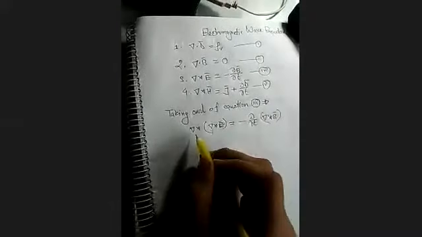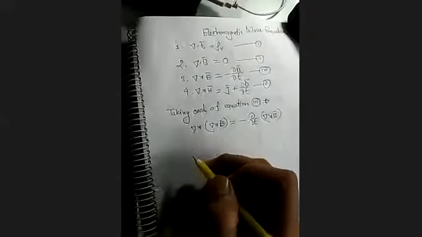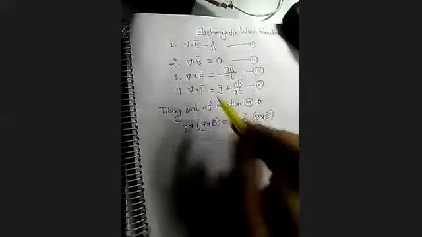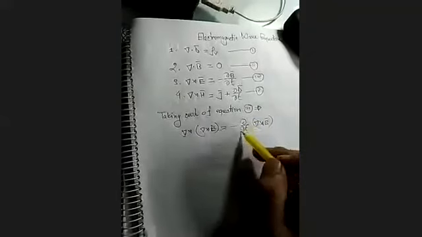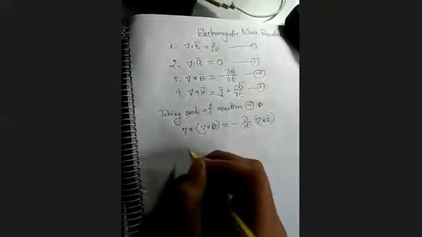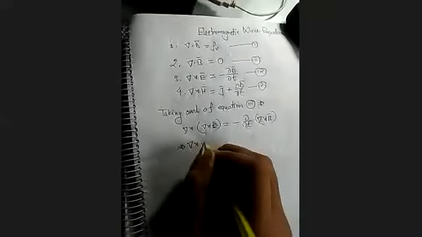That means I have taken curl here. Curl means del cross: del cross on the left side and del cross on the right side. Because the differential part is there, we should take it on the left part. Now if I take the curl of this equation, the left side is the same.